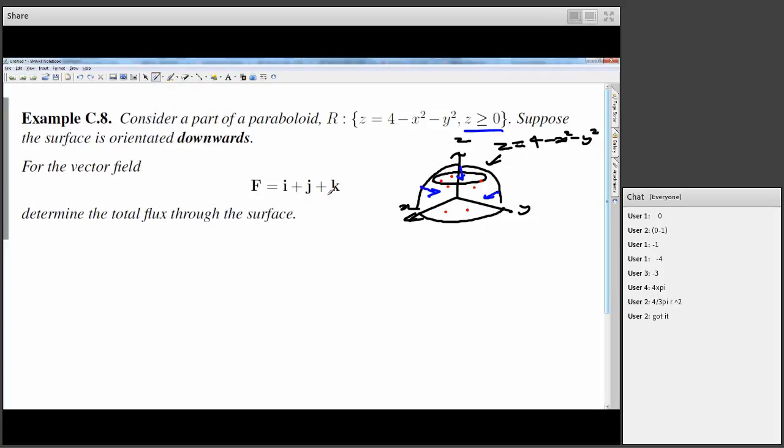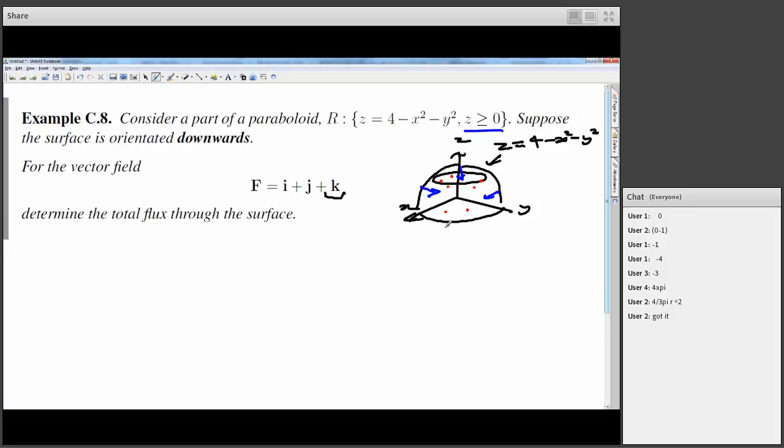Overall, though, there's a component of flux going up, opposite to the down arrows, so the net flux is going to be negative, because lots of the i and j components will cancel out. The k component is really in the opposite direction, so we'll have a net negative flux as the answer. That's the intuitive way. Let's do it in practice though.